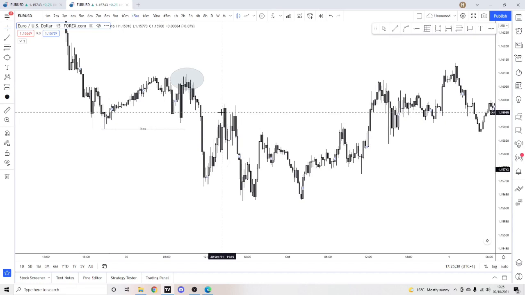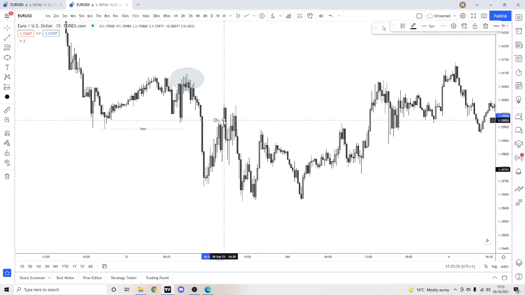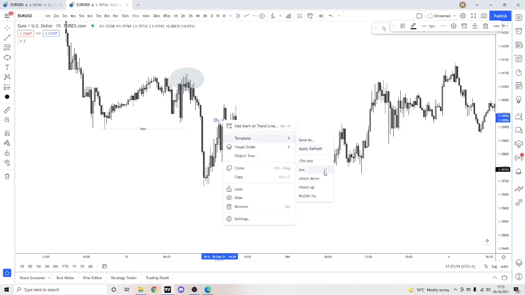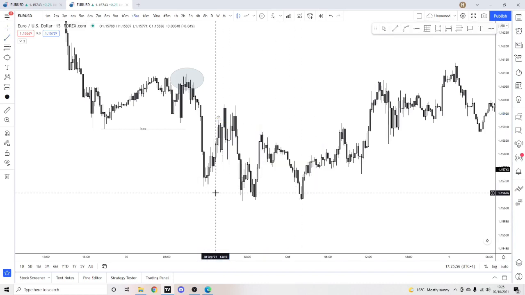Comes down. We now get, as we can see, demand back in the market, comes back up into our supply. We then get what I was talking about earlier, the change in character. High taken, now this low gets taken.